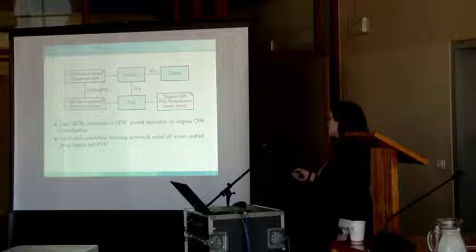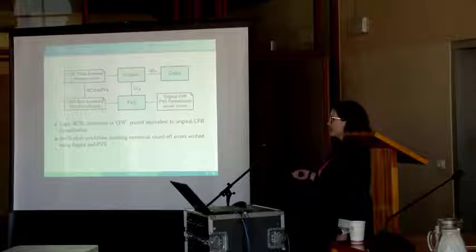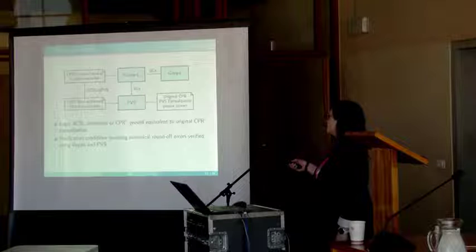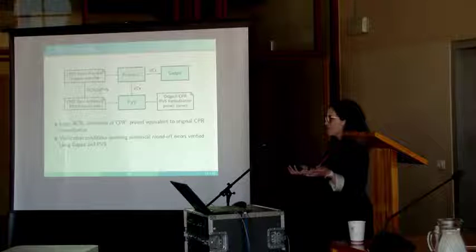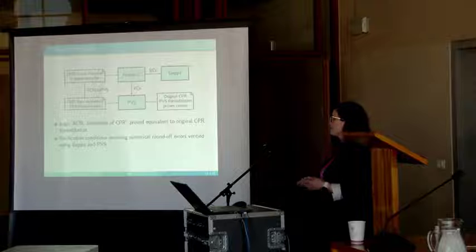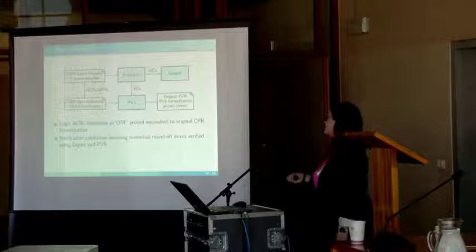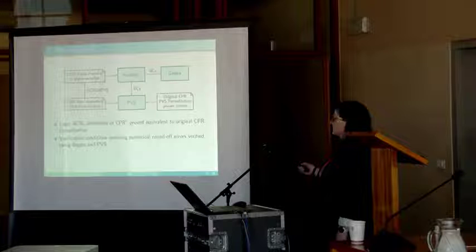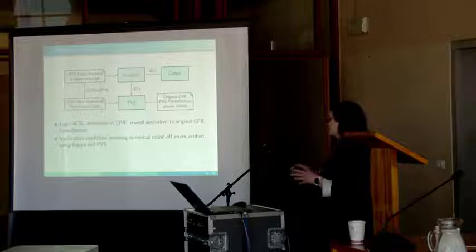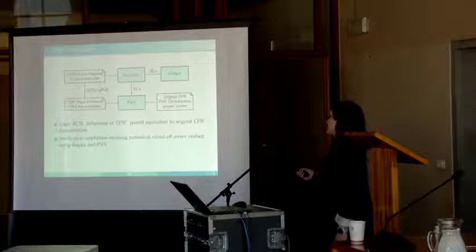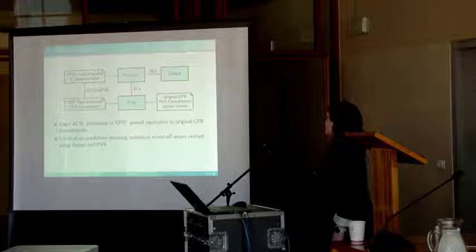So the input of our verification was a C implementation of the simplified version of CPR, and this was given to Frama-C. What Frama-C does is compute a weakest precondition analysis, and it generates a set of verification conditions. Some were given to GAPPA, the ones related to the floating-point or numerical part, and some were given to PVS.